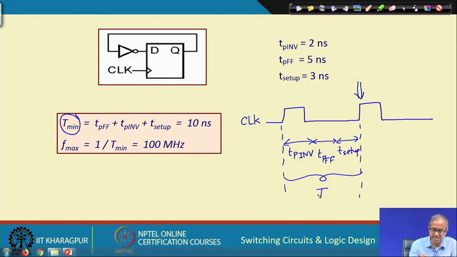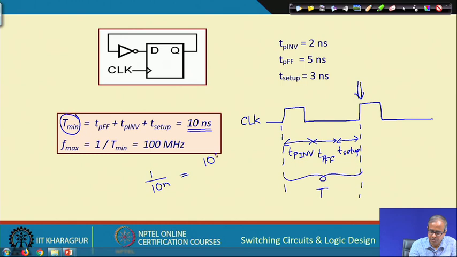Let us take 2 cases. So, what I am saying is that T minimum in this example will be the sum of these 3 times, which is coming to 10 nanoseconds, 2 plus 5 plus 3. Now, because frequency is the reciprocal of the time period, the maximum frequency will be 1 by the minimum time period. So, 1 by 10 nanoseconds, where nano means 10 to the power minus 9.